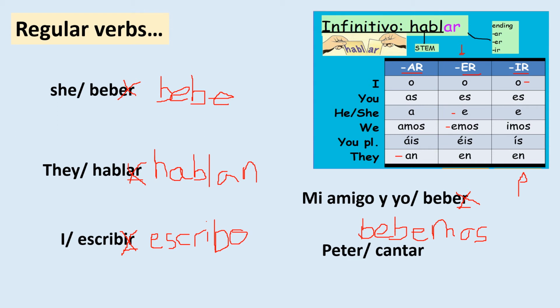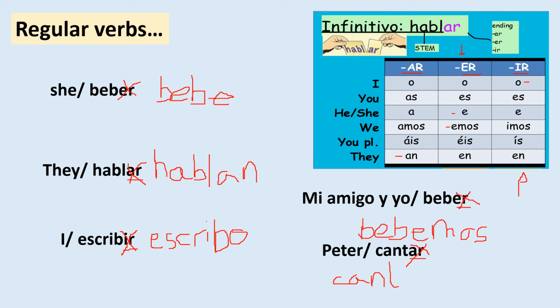And one more example. Cantar, to sing, and Peter. So let's start from the beginning. Cantar. I have the ending -AR, bye-bye -ar. So I'm left with cant.